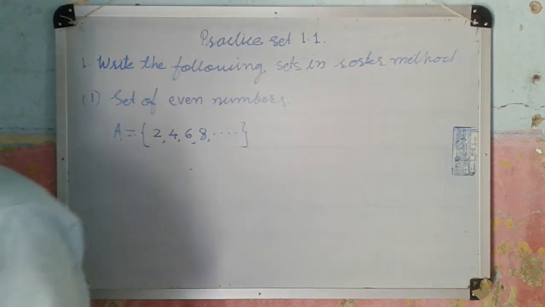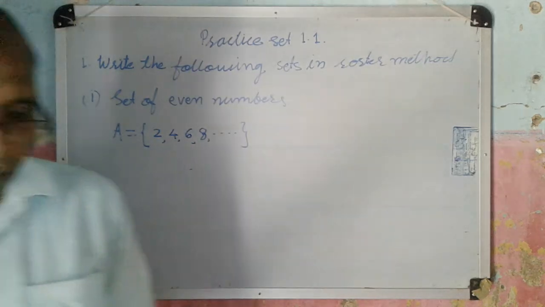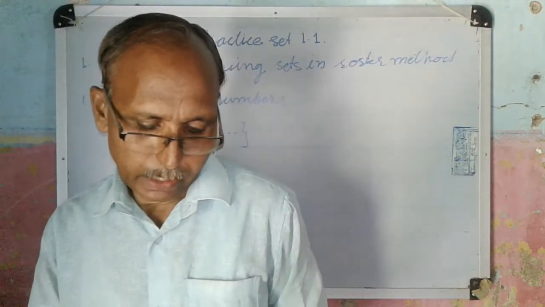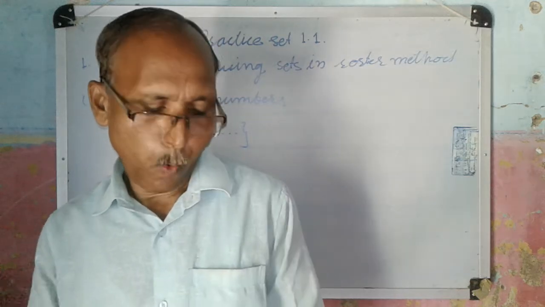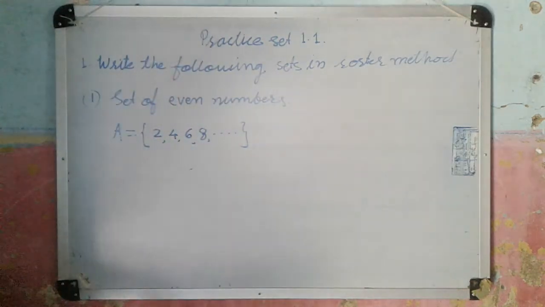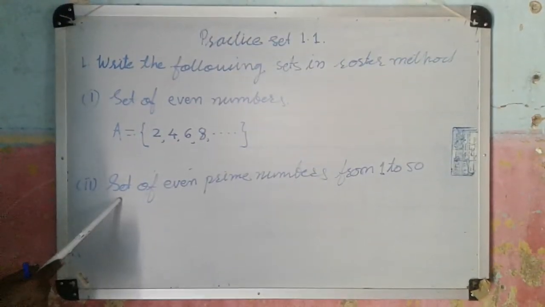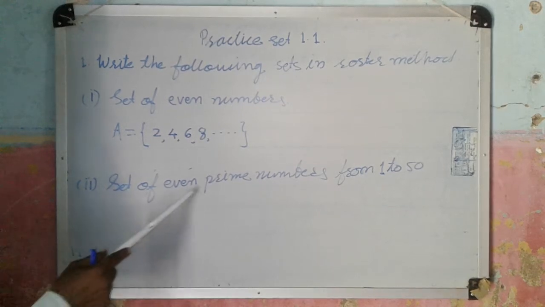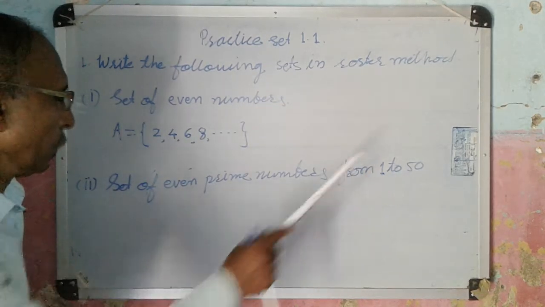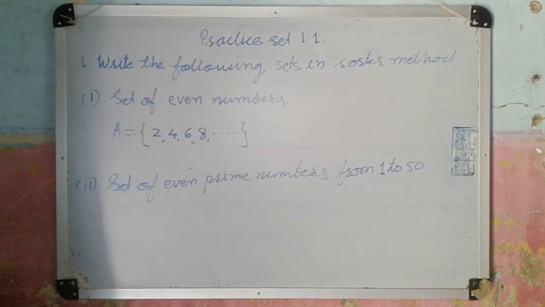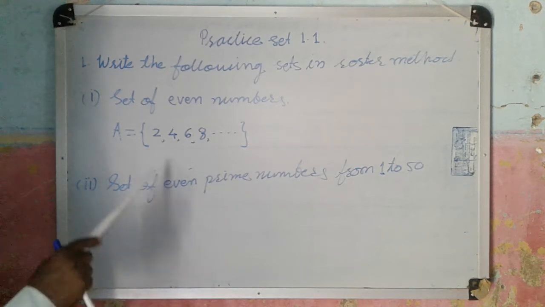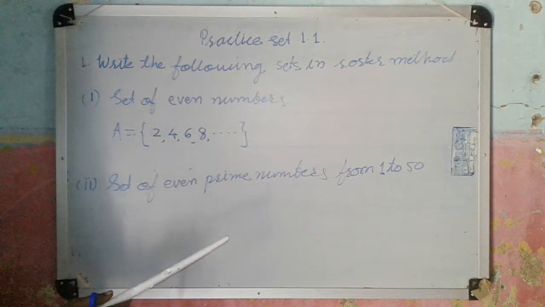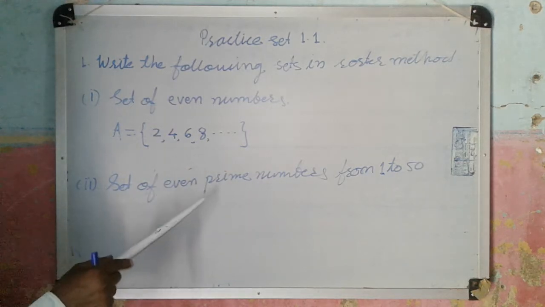Now the second example is the set of even prime numbers from 1 to 50. So you know that these are the even numbers. Here all even numbers are written. Now see here, from these even numbers, which numbers are prime?